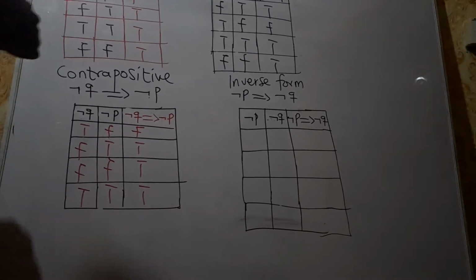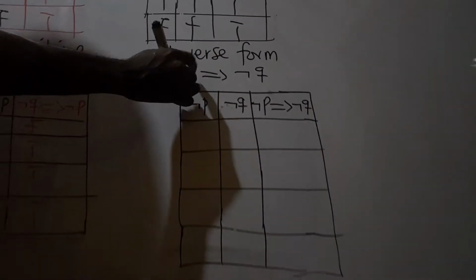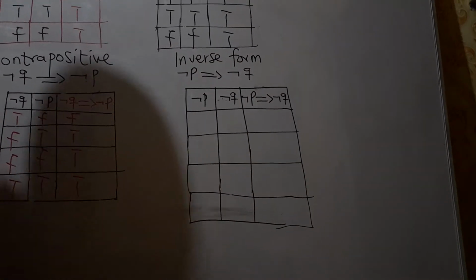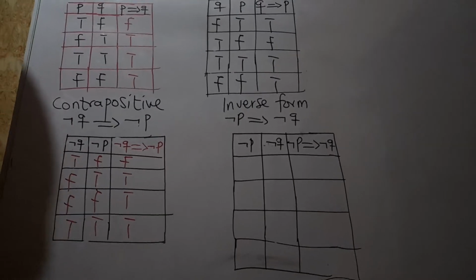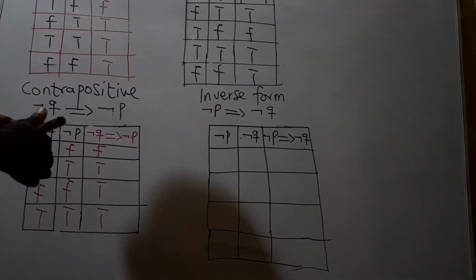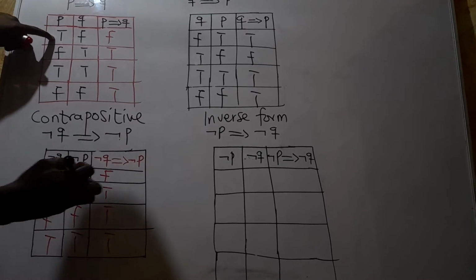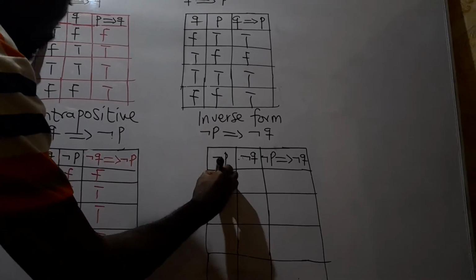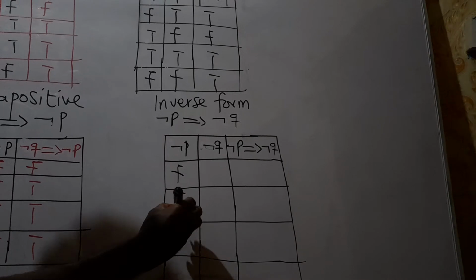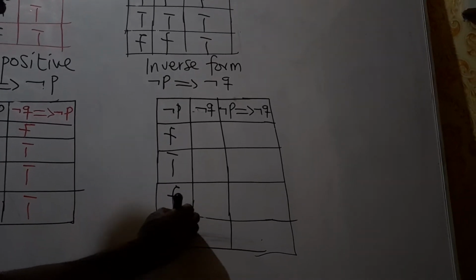Now let's do it for the inverse form too. The inverse form, which is if not P, then not Q, is the direct opposite of the basic form. So let's negate the true value for P. The true value for P will be false, true, false, true.